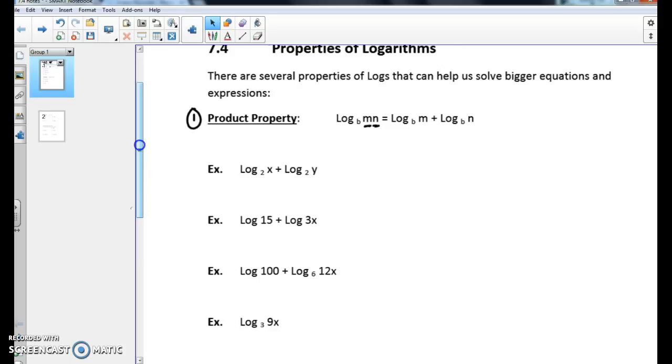When you have a log with two things being multiplied, and that's what I'm circling here, this m and this n, we can actually break that up into two separate logarithms like this, log m plus log n. So you're taking two things that are being multiplied and breaking them up with addition. Conversely, you can do the other way around. You can have two logs that are separated by addition, and you can combine them into one with multiplication.